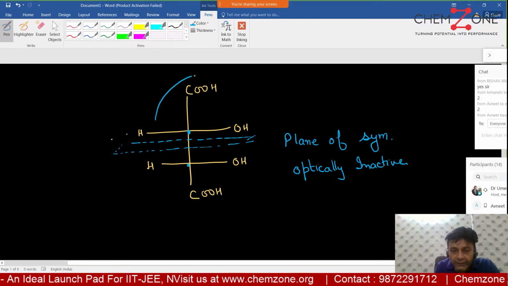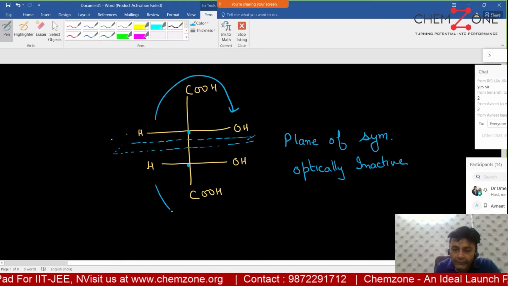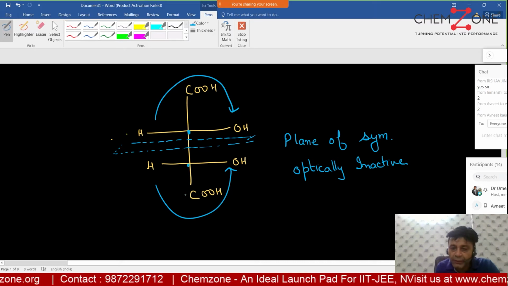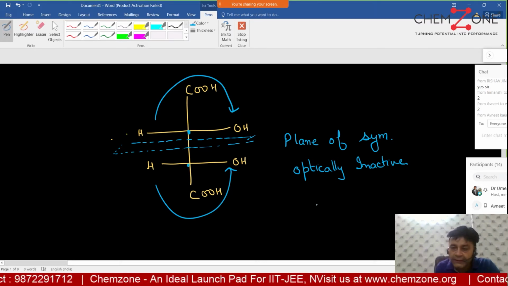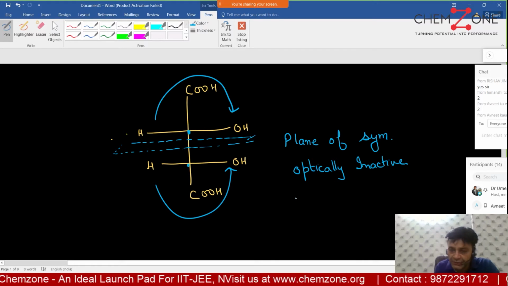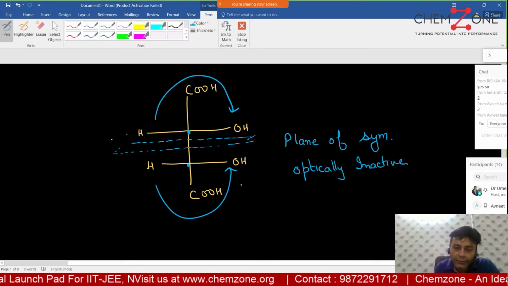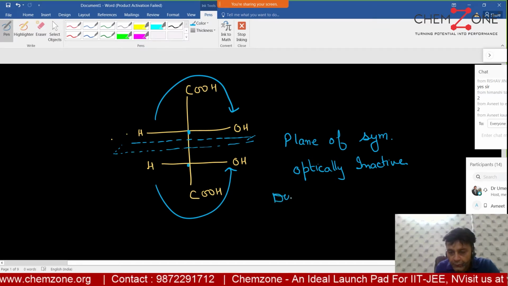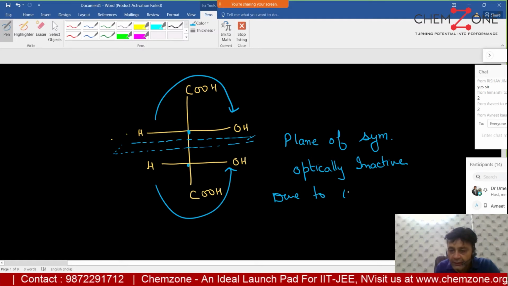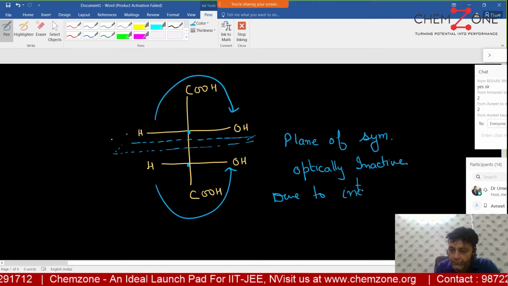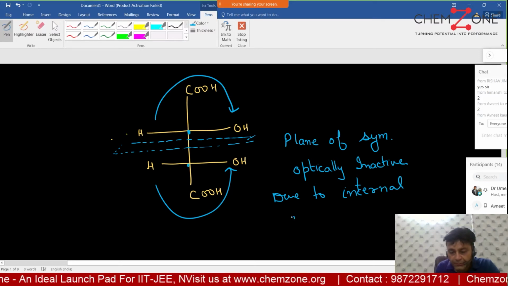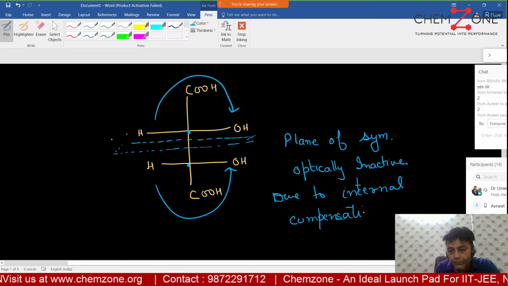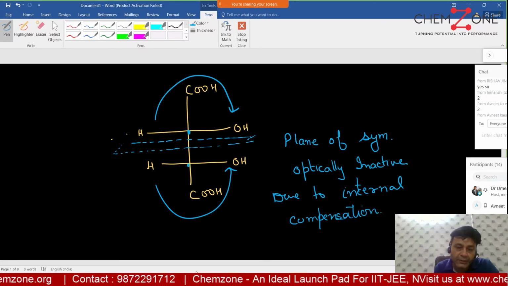If the upper part is dextrorotatory, the lower part will be levorotatory. They are cancelling out the effect of each other. They are optically inactive due to internal compensation.